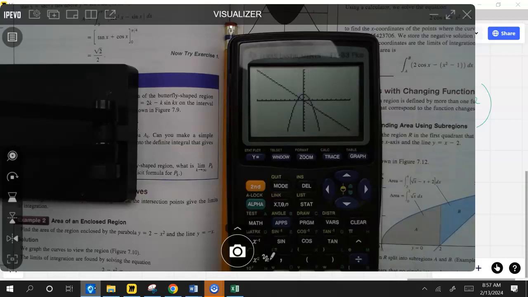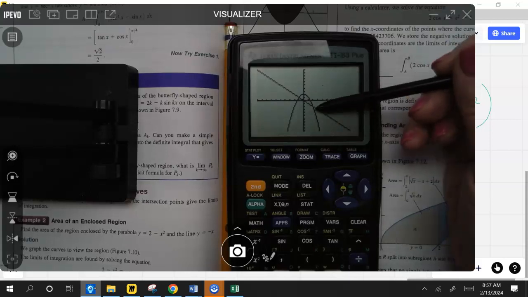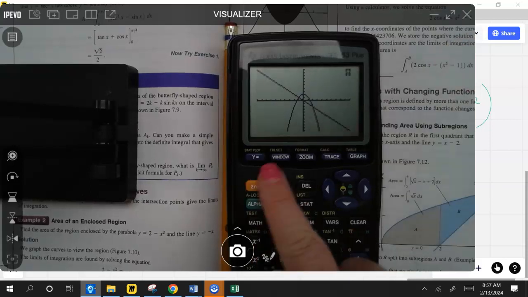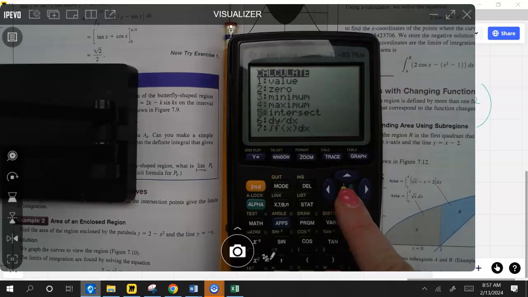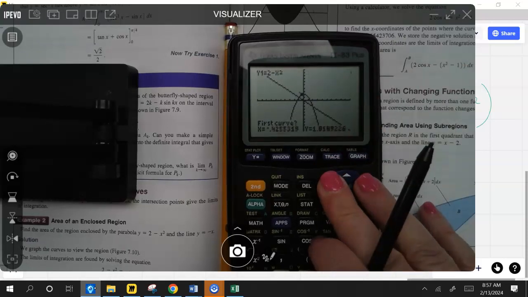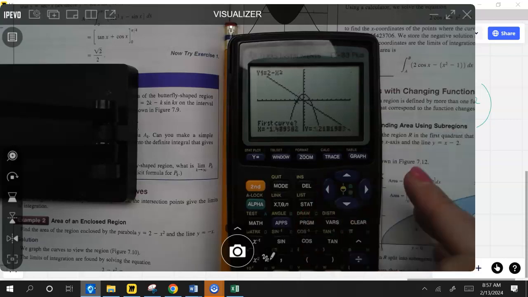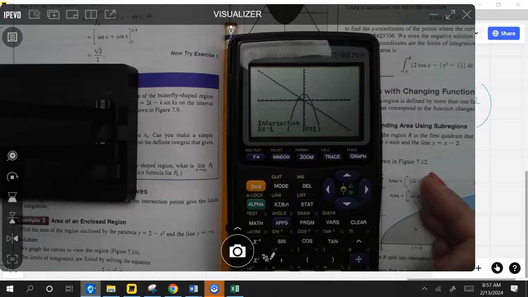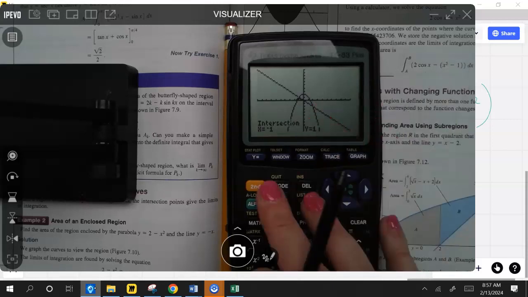So remember, I first need to find the intersection points. So I'm going to go second trace, intersect. If you take your spider close to where the intersection is occurring, and then just hit enter, enter, enter, that happens at -1. Same thing on the other.